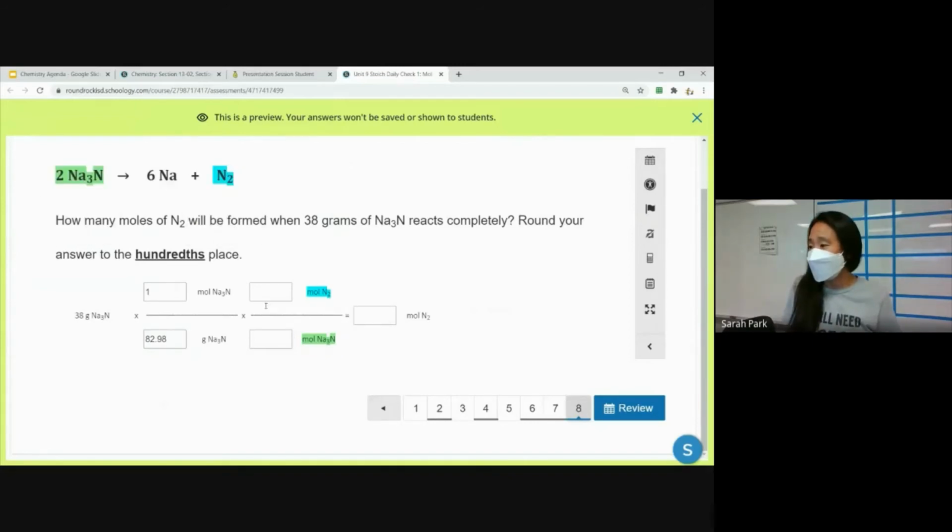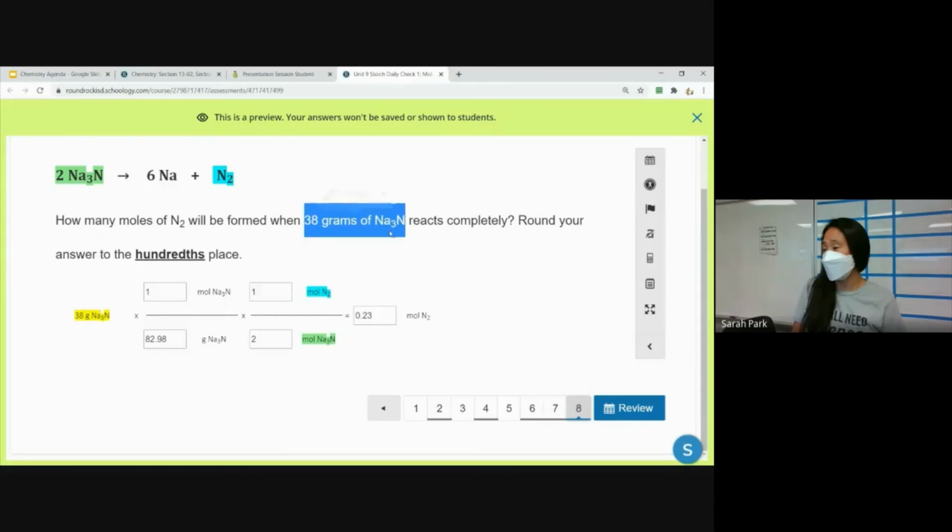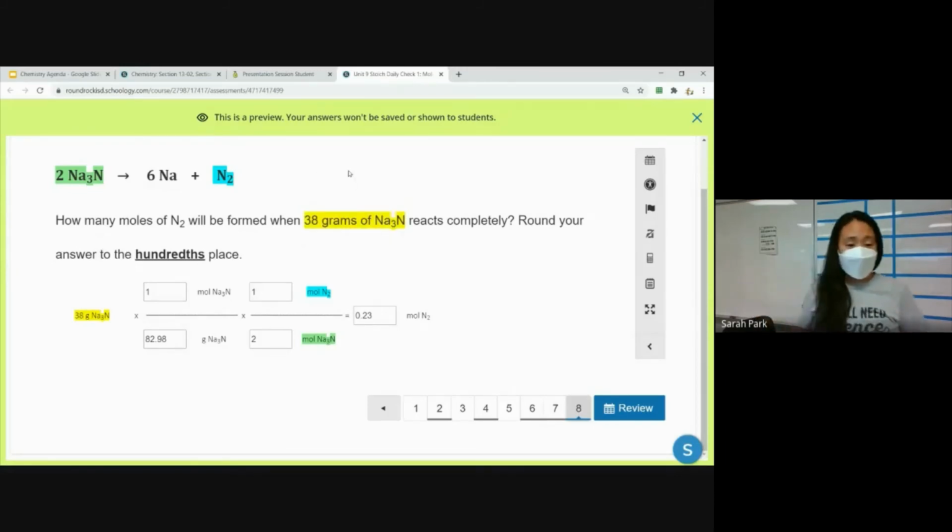So this was 1, this was 2, and then the answer is what? I'm going to leave this here for a second while you make sure that y'all got it all down. All right, just really quick, 0.22 will be counted correct as well.